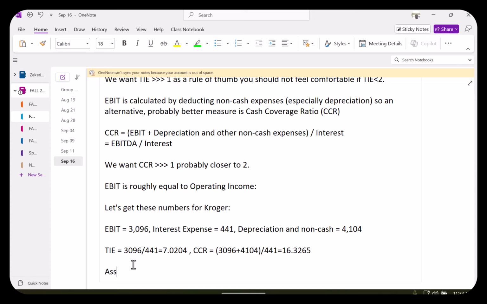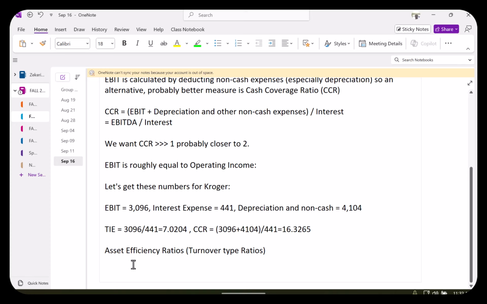All right, let's talk about asset efficiency ratios. These are turnover type ratios. The most famous of these is the so-called inventory turnover.